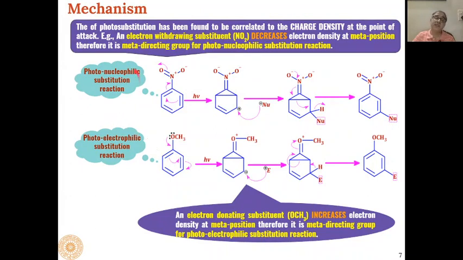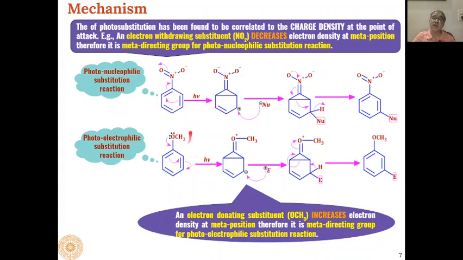If we take the example of photonucleophilic substitution reactions or photoelectrophilic substitution reactions, you have seen in the previous slides that in case of photonucleophilic substitution reactions, if there is a nitro group, the product formed is at the meta position. That means nitro is acting as a meta directing group.